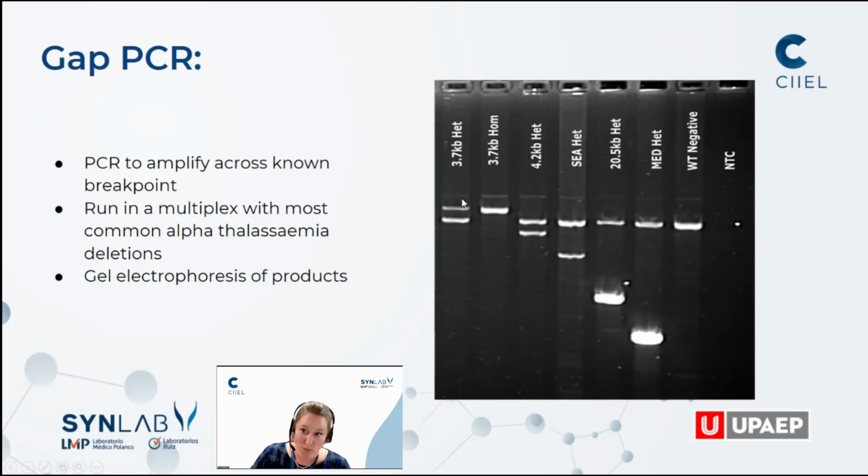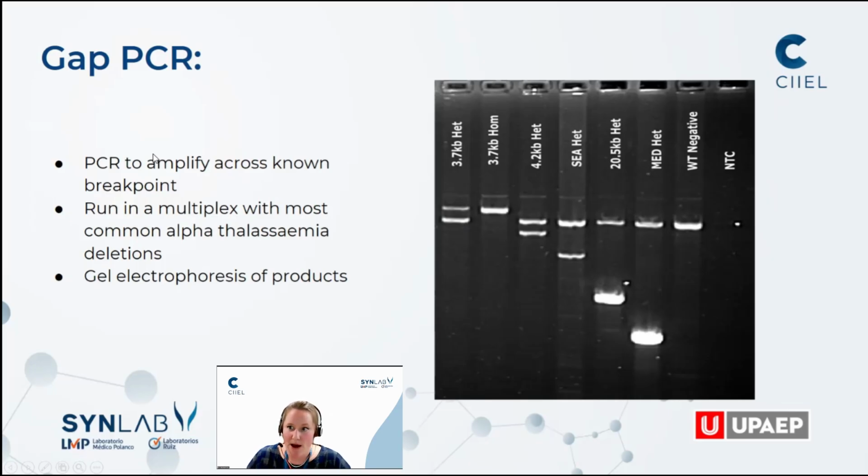And this is where you have one alpha globin gene deleted. And then you can see the homozygote in the next lane, and then these are the various different common alpha deletions. So you run that as a PCR assay that amplifies across a known breakpoint for these common mutations.